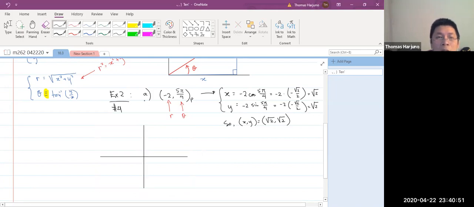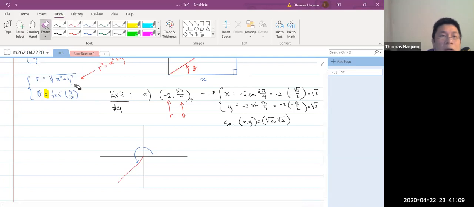The radius is negative 2 and the angle is 5 pi over 4. So let me do the angle first. In standard position, 5 pi over 4 is going here. Okay.